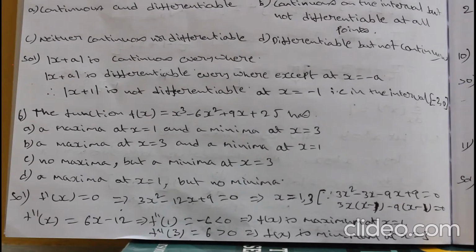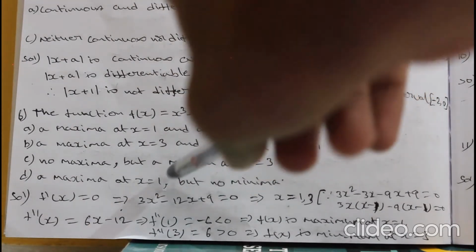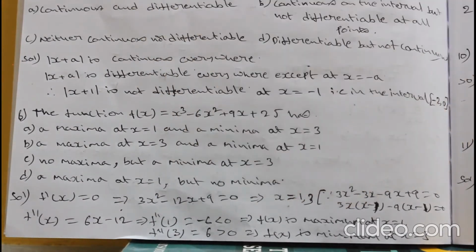If you get a question based on maximum and minimum, you have to find the stationary points by differentiating the given function with respect to x and making it equal to 0. So f dash of x is equal to 0. That means 3x square minus 12x plus 9 is equal to 0. After solving this equation, you will get x is equal to 1, 3.